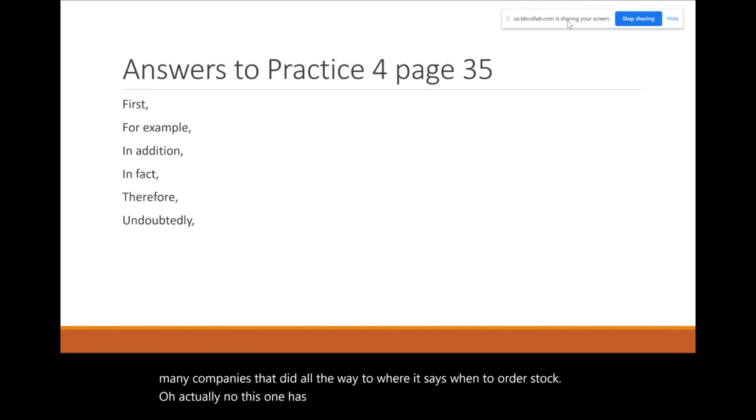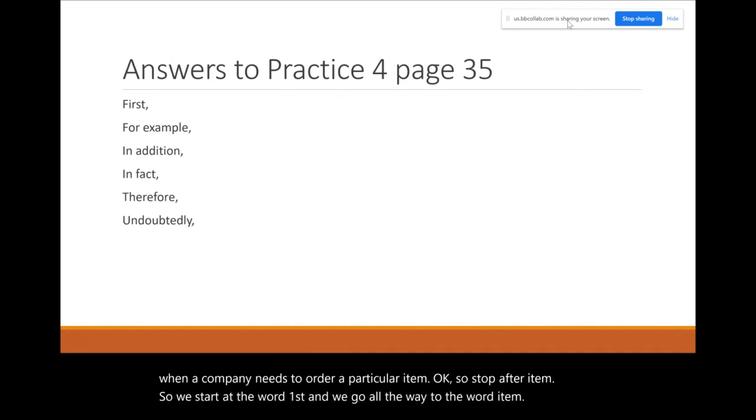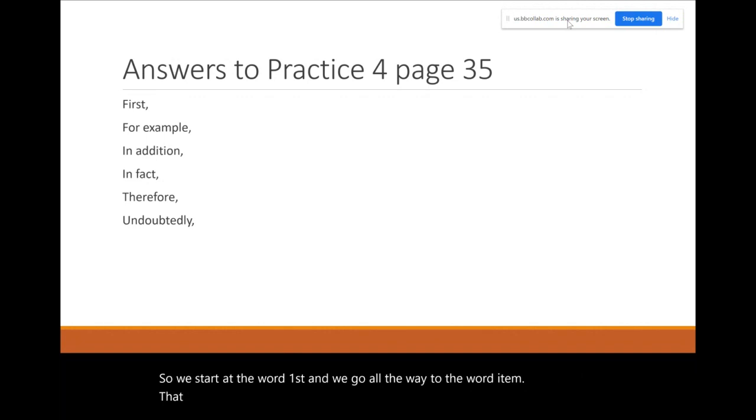It says a computer model indicates when a company needs to order a particular item. So stop after "item." We start at the word "first" and go all the way to the word "item." That is supporting point 1. We're talking about one idea right there, so we're going to put SP1.